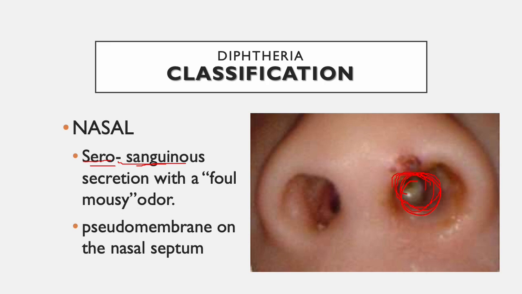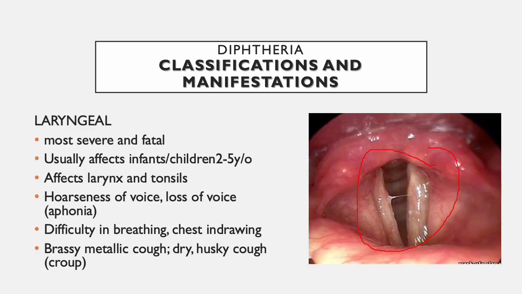Then again, the membrane can also reach the nasal septum. Okay, so next you have laryngeal. Again, it's the most severe and the most fatal among those. Okay, you saw the opening, right? Imagine if that closes totally, the patient will be hypoxemic.